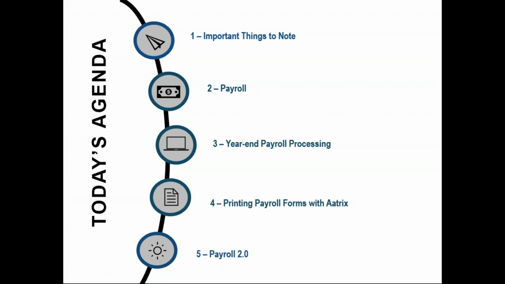It's very similar to quarterly processing, with the exception, and a pretty big one, that now you're going to do your year-end reporting, your W-2s, that kind of information that you'll be sending. We'll talk about that with the payroll forms with Atrix, and then Payroll 2.0, which is the payroll module in what's called the Business Framework.